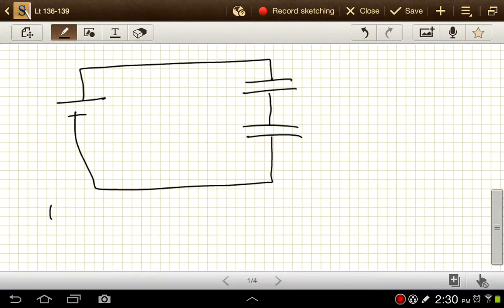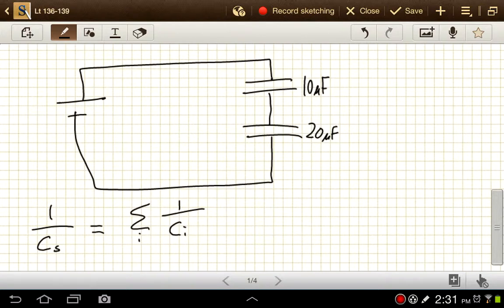And so we end up with 1 over C series is equal to the total of 1 over the Cs here. So if we had, say, 10 and 20 microfarads, I have my 1 over the equivalent capacitance would be equal to 1 over 10 microfarads plus 1 over 20 microfarads.